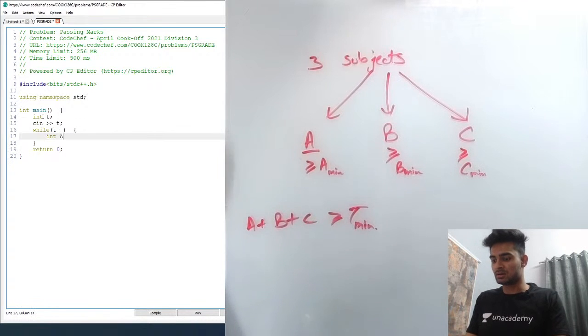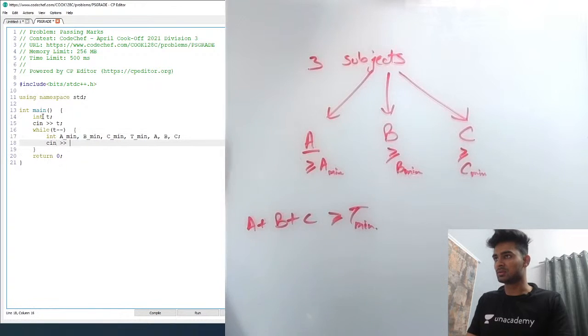So we'll have a_min, b_min, c_min, and then t_min, and then we have a, b, and c, which are the marks. Now we'll scan everything.